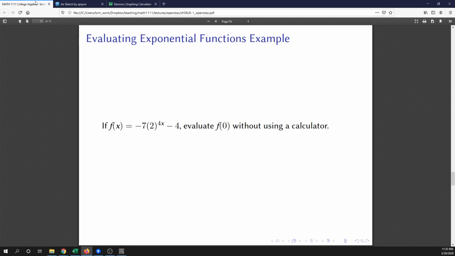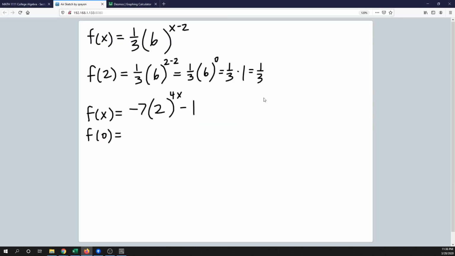All right, next example. They give us f of x equals -7 times 2 to the 4x minus 1. And they want us to plug in a 0 into that. Okay, so -7 times 2 to the 4 times 0 minus 1.